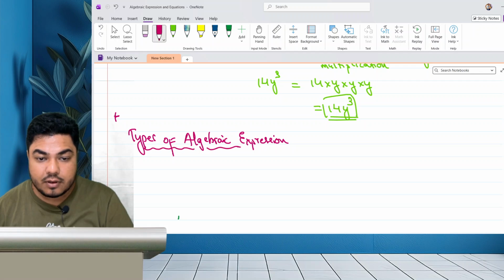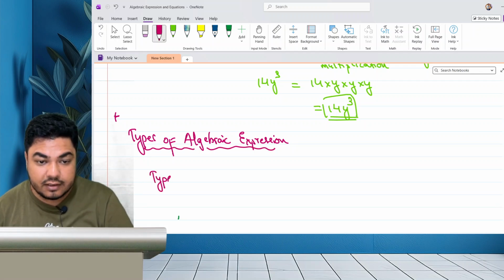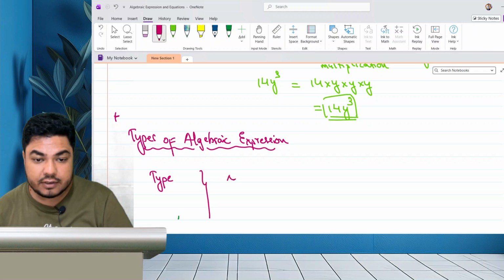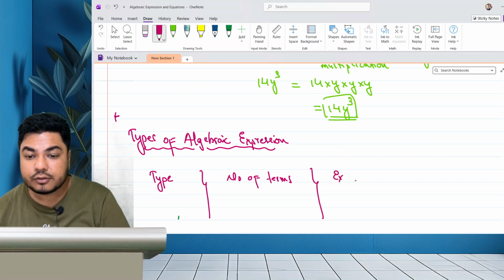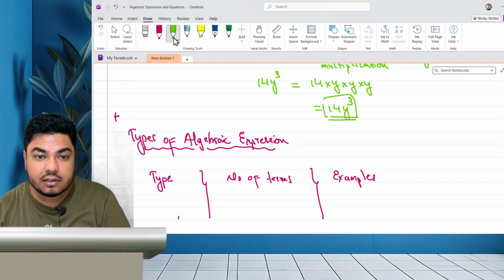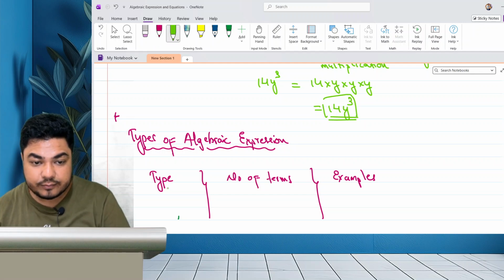I'm going to make you understand this with the help of a table. The first column will be for type, and then we are going to have number of terms, so that it's a direct connection with how many terms it has. And then we are going to see 3 to 4 examples of each type, which will give us better clarity. Clear?